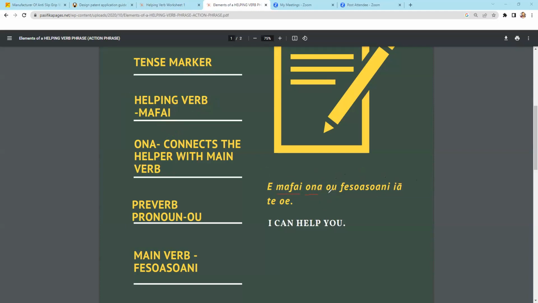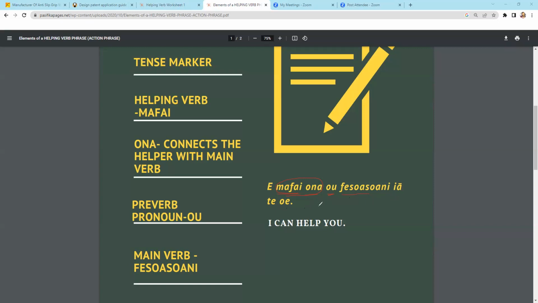So I can, and then the 'ona' is what connects both of these together, and then help you. I can help you. E mafai ona o fesoasoani ia te oe.